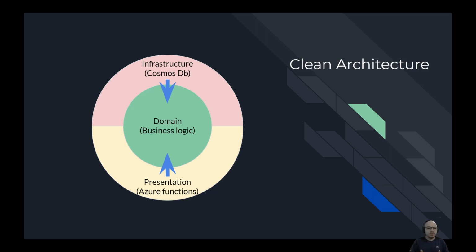And another thing to mention is that sometimes we will see that the domain is actually split in two parts. You have the domain core, which is essentially everything that you can share across the organization, or in our case is going to be just models and interfaces. And then you have a domain application layer where the things that you put in there are specific to this project, or in our case we will have the actual implementation of those interfaces.